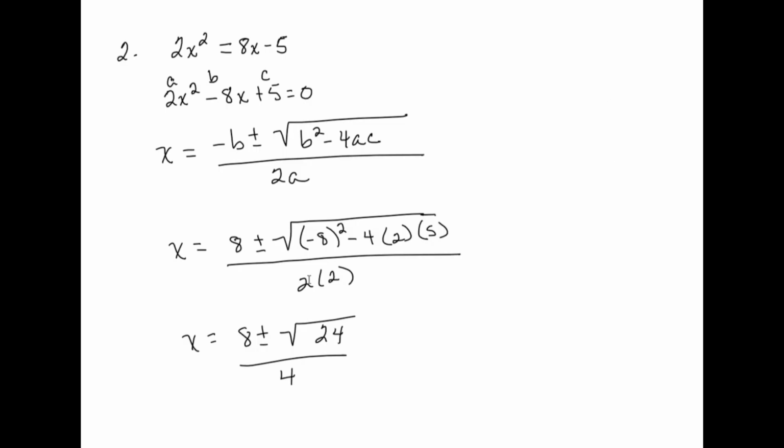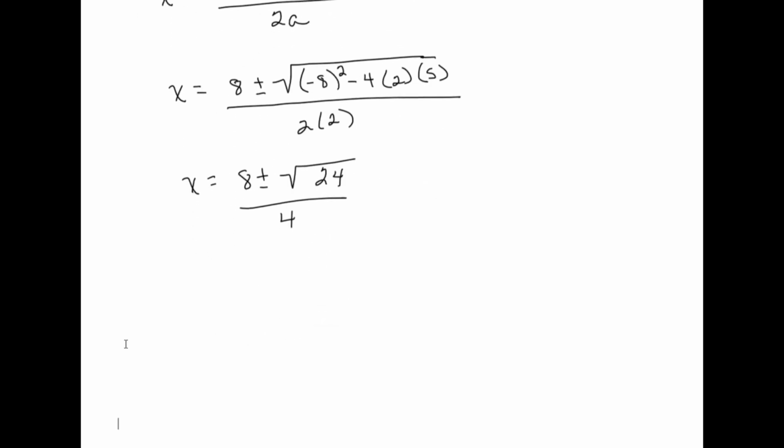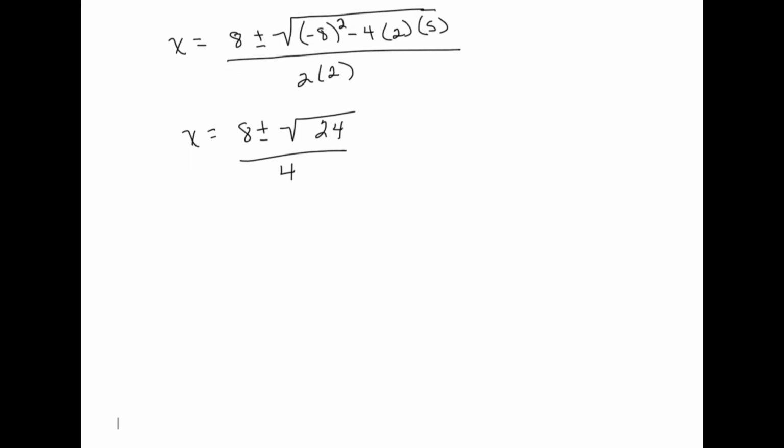Now from here, what I want to do is to simplify that radical. I'm going to take 24 and break it up into the square root of 4 times 6 here.